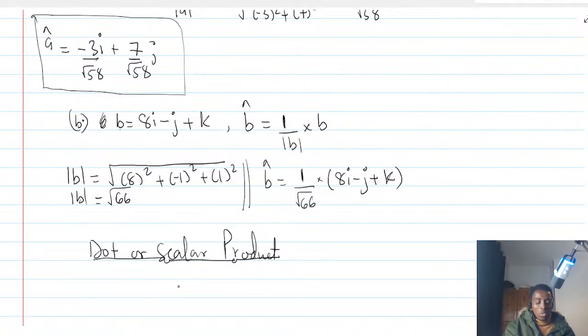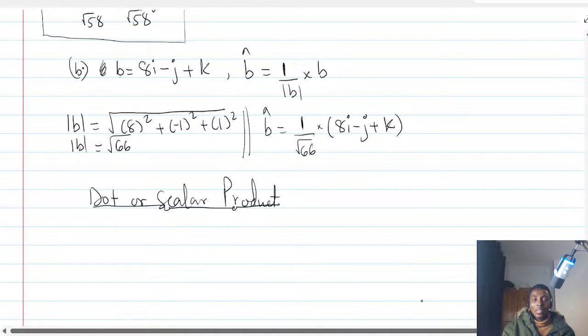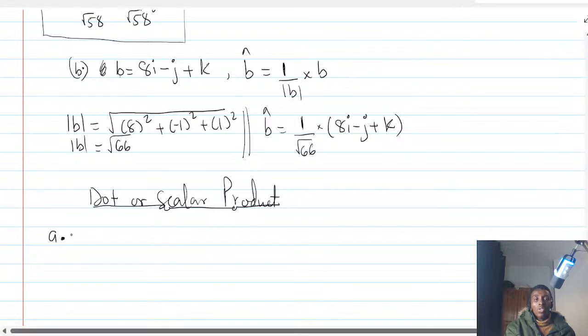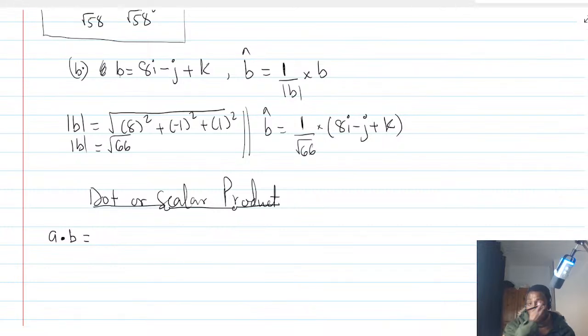All right. So let's look at the dot product. So what is the dot product? The dot product is nothing but, as the name suggests, A dot B. So that's how it is read. But ideally, whenever you have the dot product, you are actually dealing with multiplying the scalars or the numbers.